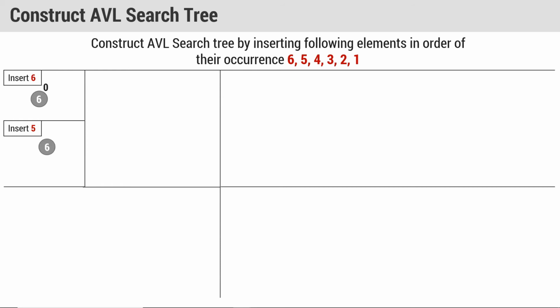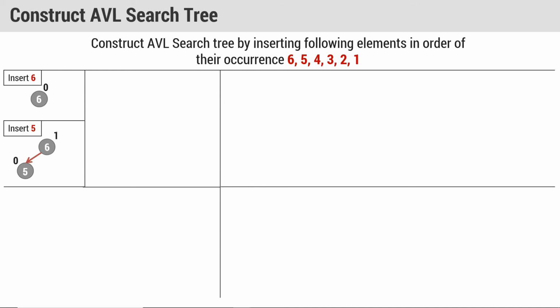So 5 is inserted on the left side of node 6. Now we have to check the balance factor. So the balance factor at node 5 is 0, and the balance factor at node 6 is minus 1. So this is the AVL tree.